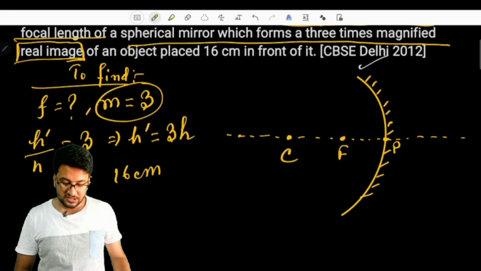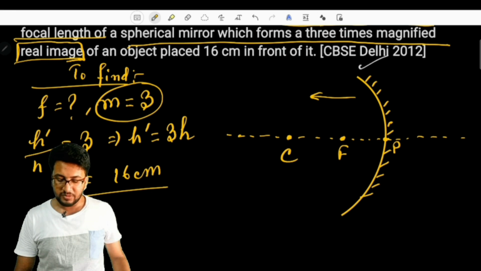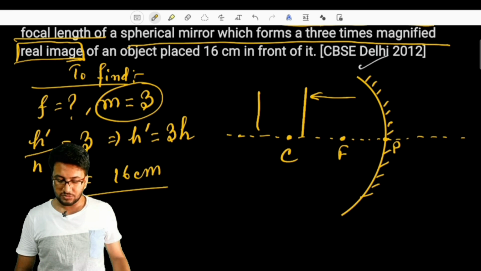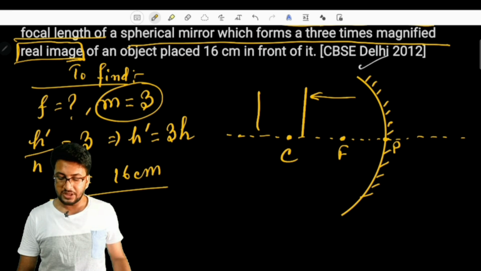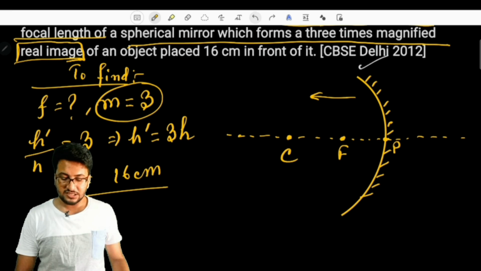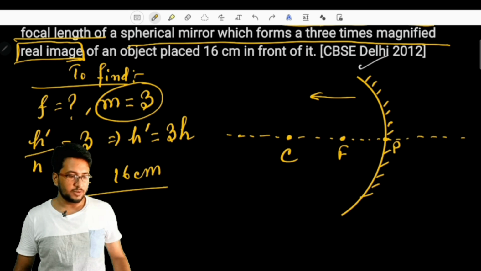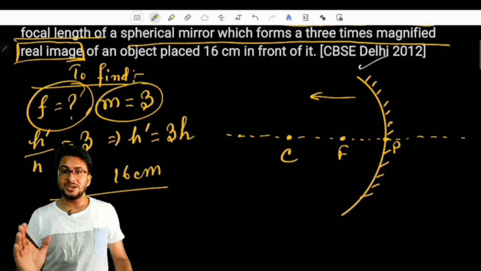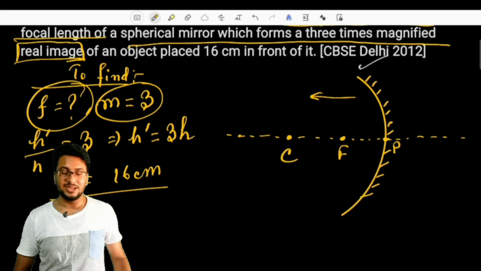That is 16 centimeter, and the object will always be kept on the left hand side of the mirror. I do not know the exact position of the object here, because I do not know the focal length of the mirror. Firstly, I need to find the focal length of the mirror to say how much apart this 16 centimeter becomes.